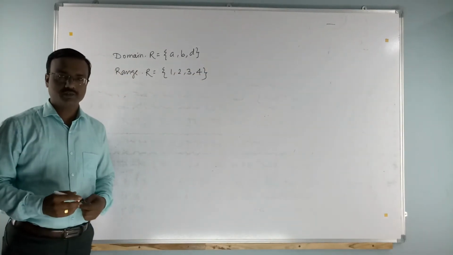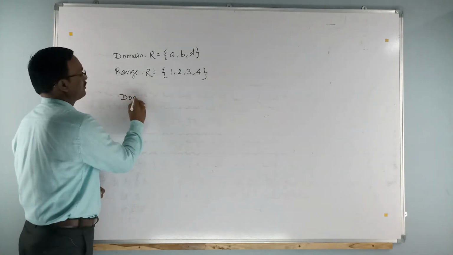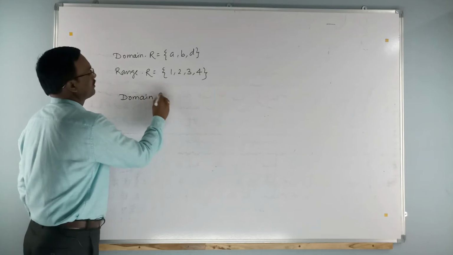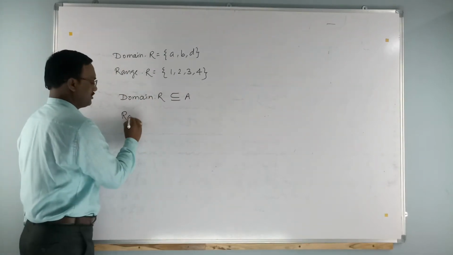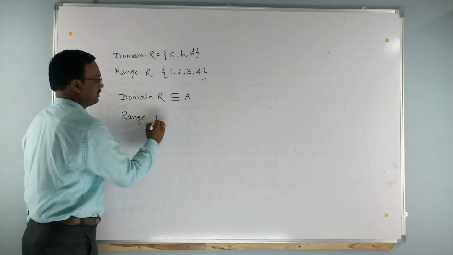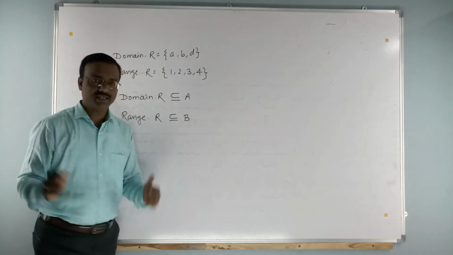Also we can observe that in this case the domain of R is a subset of A and range of the relation is a subset of B.